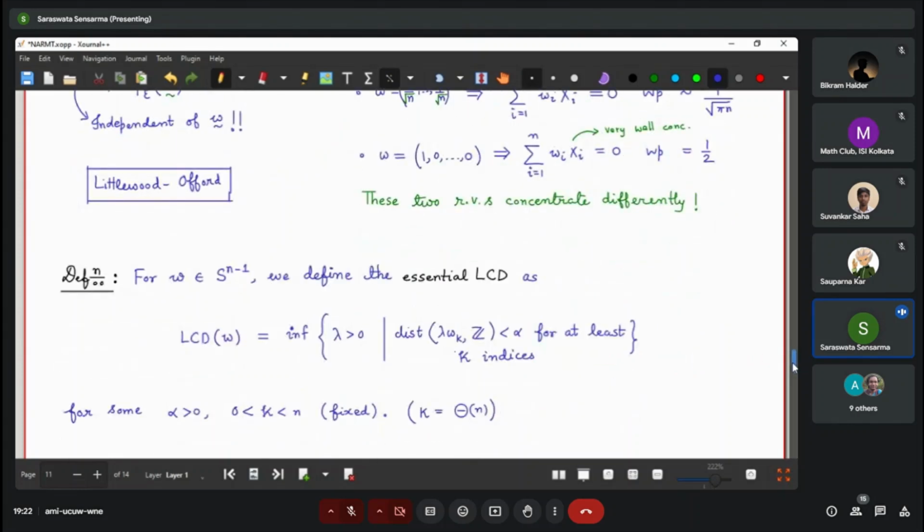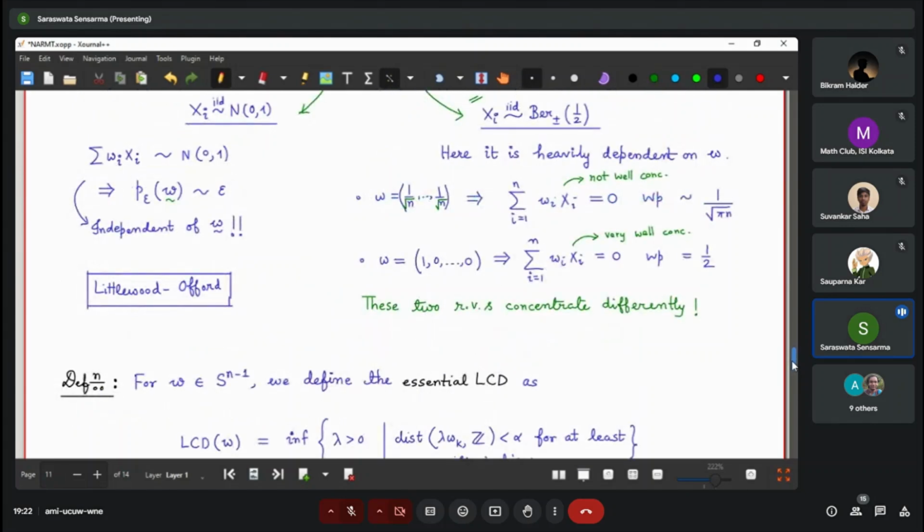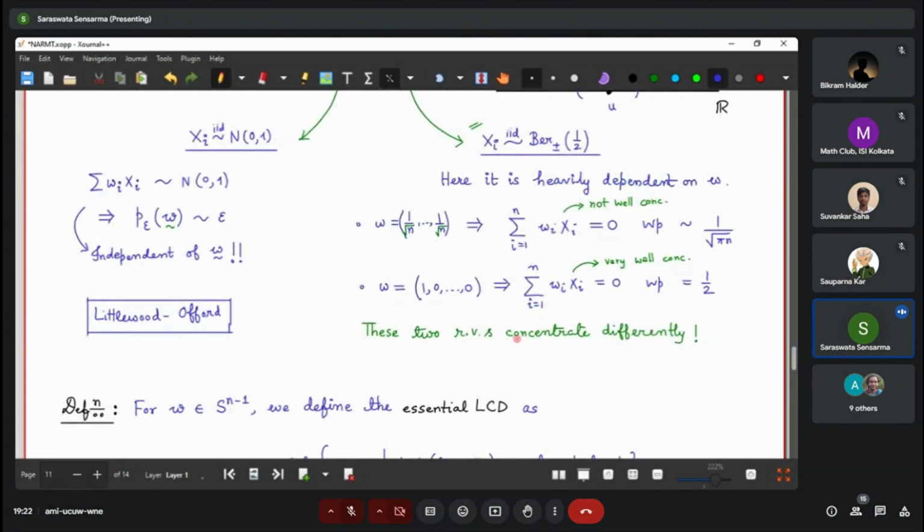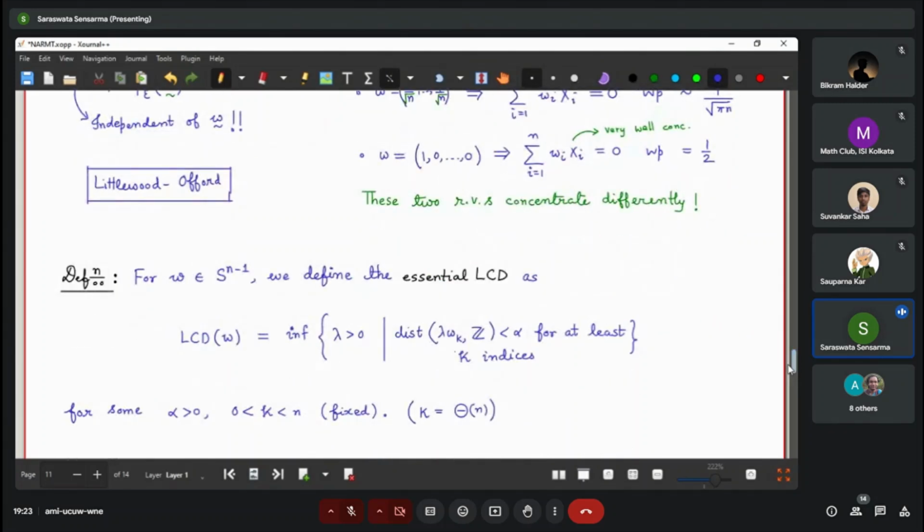But we were at the question of how to distinguish these two behaviors given a random vector. As you can see in the Bernoulli case, it heavily depends on whether the coordinates have a nice arithmetic structure between them or not.